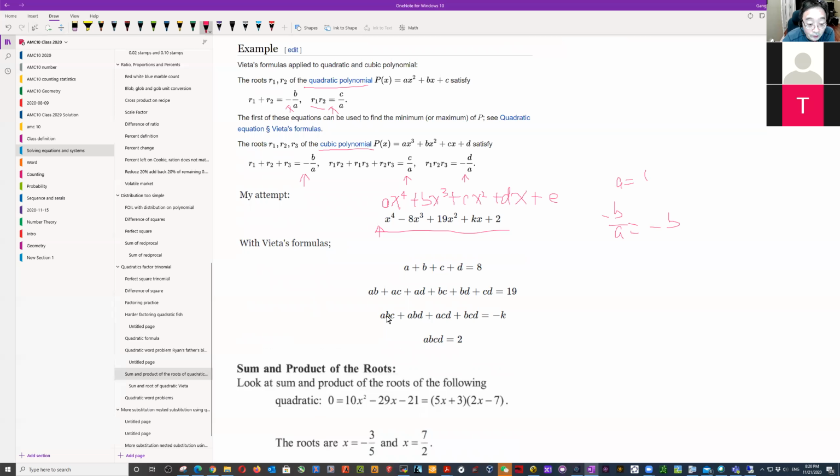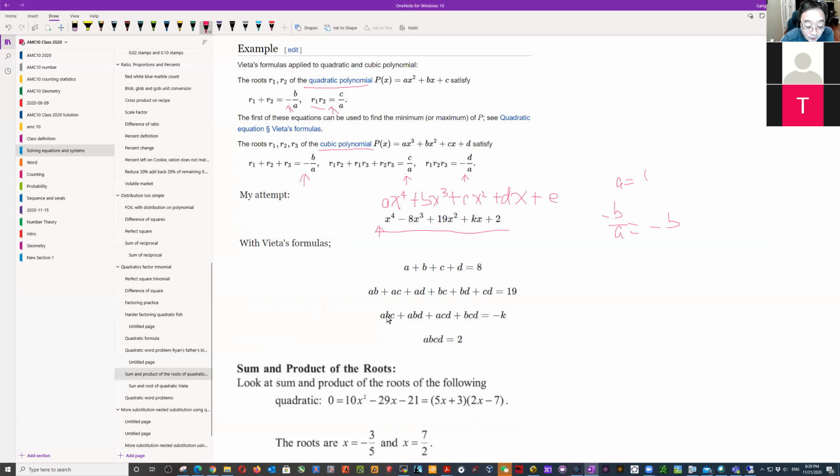So the summation of the roots, if it's monic, is the negation of the first term coefficient.